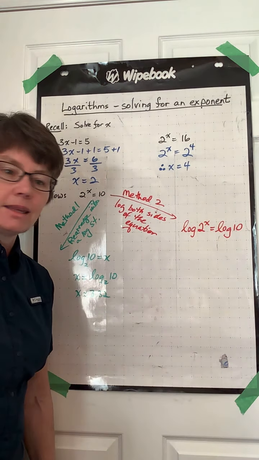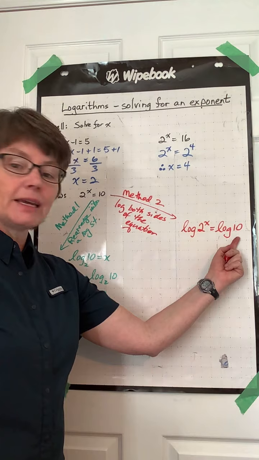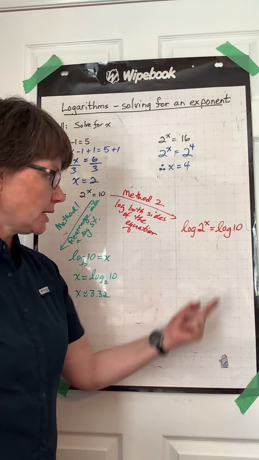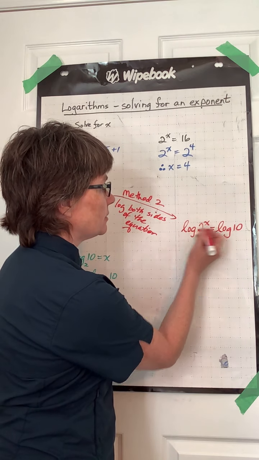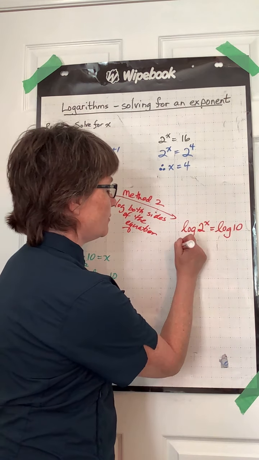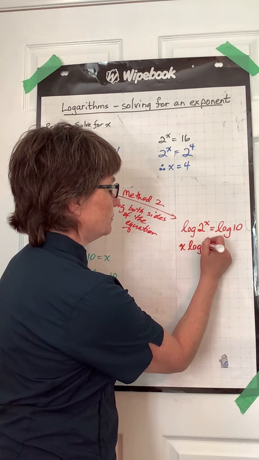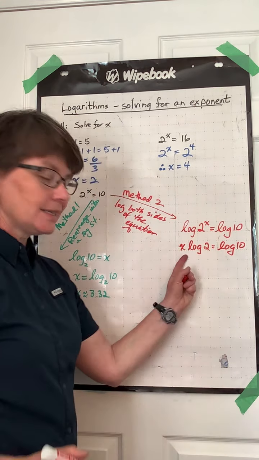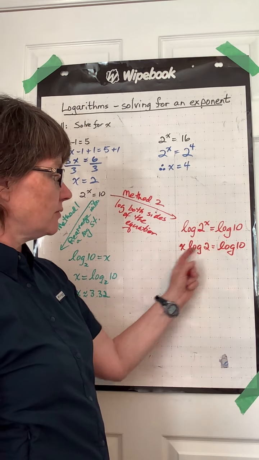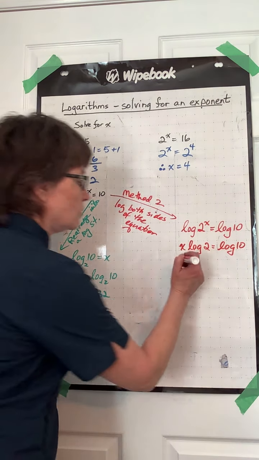Now because I didn't specify a base here, we're automatically dealing in base 10. Now using law number 3, we can bring the x, that exponent x, down as a coefficient in front of the log. And now to isolate x, to get x by itself, we can divide both sides of the equation by log 2.